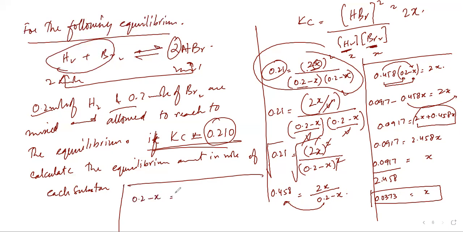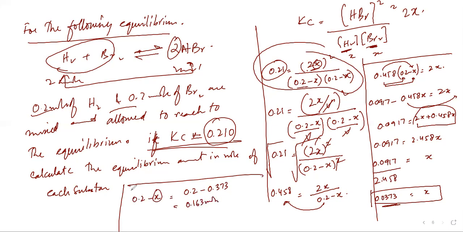This. So if I replace this x with this, 0.2 minus 0.033, the moles of hydrogen becomes 0.163 moles.